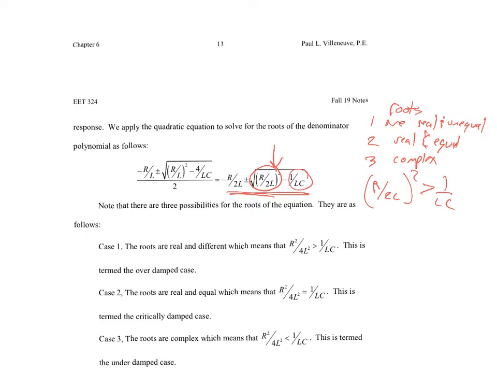What's the square root of a positive number? A real number. So I have a real number plus or minus a real number, which means I'm going to get real and unequal roots. They may be negative, or one positive and one negative, but they do not have any complex numbers there. So that is our case 1.